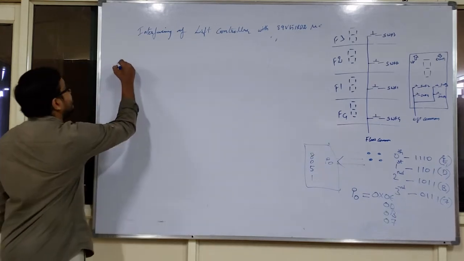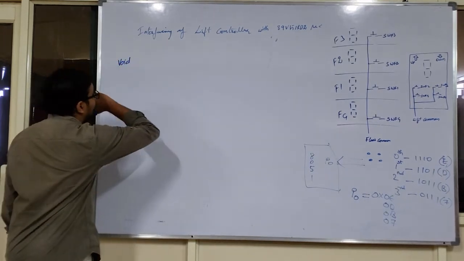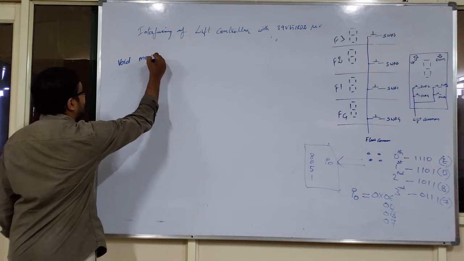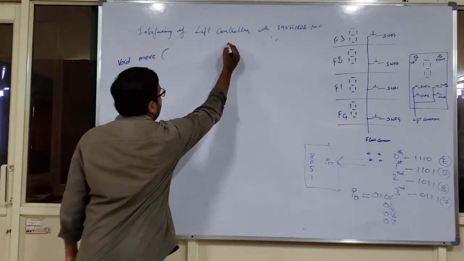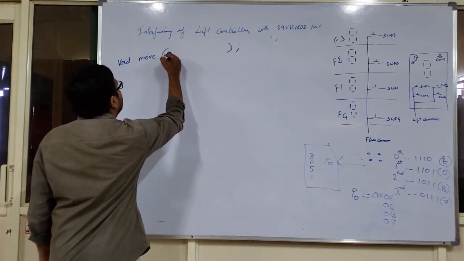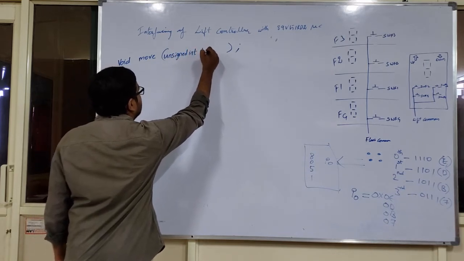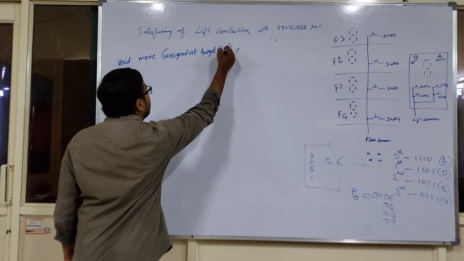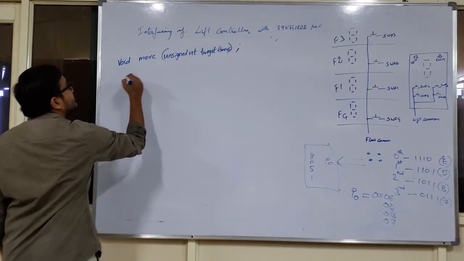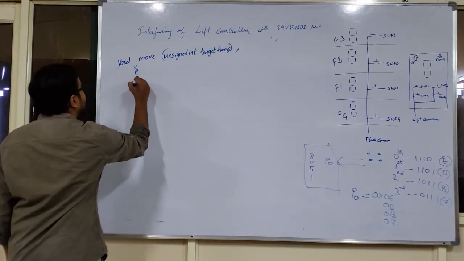Okay, so we will define the move function call now. Void move, I have taken an argument, this one. Void move unsigned int target floor. Okay, so let me open this definition.